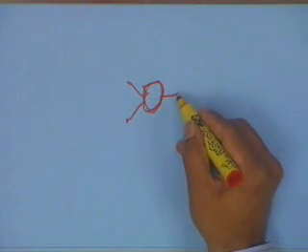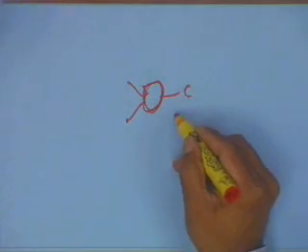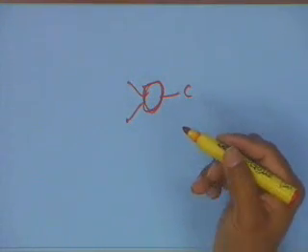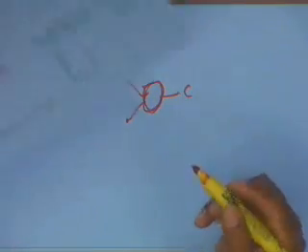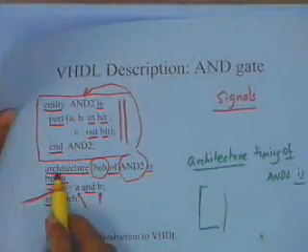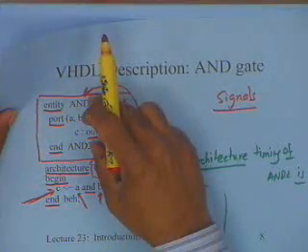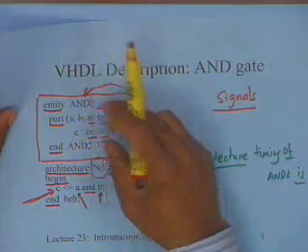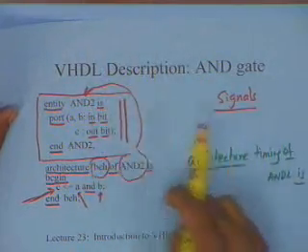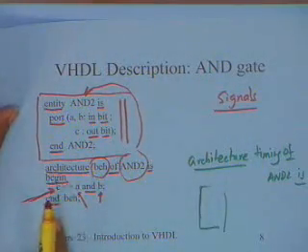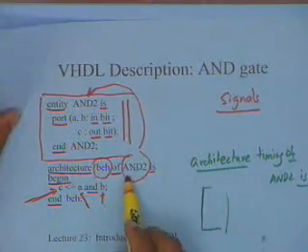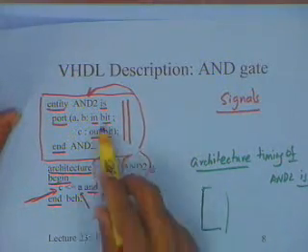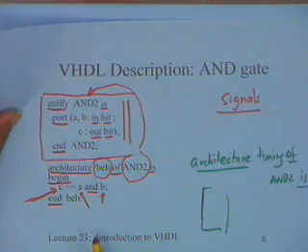So this driver for this particular signal, this C, in this case also happens to be a port. In my architecture I can also define more signals which are not visible as a port, not visible as an interface. But all these ports are also signals which are visible within the architecture, because this particular architecture belongs to this particular entity.